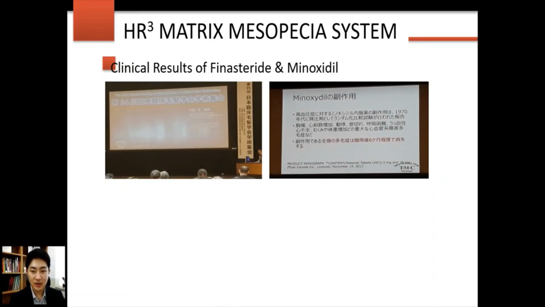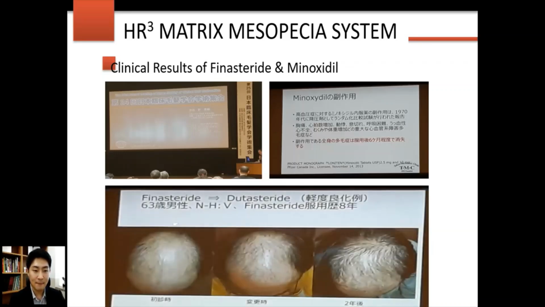The presentation shows that minoxidil can also have some side effects such as chest pain, edema, and hypertrichosis. The lower presentation shows the clinical results of a subject who used finasteride for 8 years and then dutasteride for 2 years, total 10 years. I'm showing you this to compare the hair growing effects between the drugs and HR3 products.